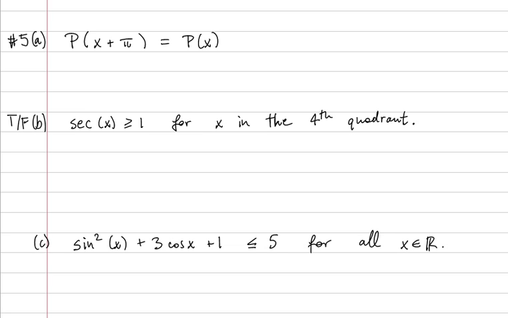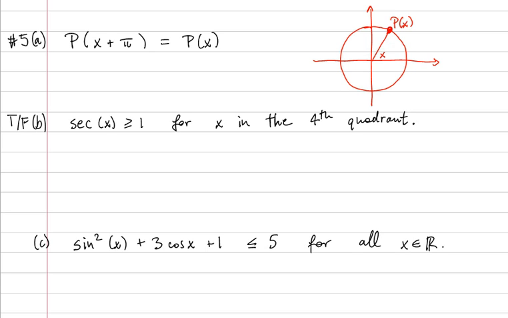Here are some true or false questions. So first question is asking whether the point that's associated to x plus pi is equal to the same thing as point associated to x. So draw the unit circle because that's where the point associated to angle are understood. So if you have angle x, this is the point that's associated to it.